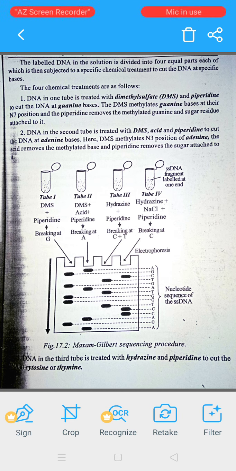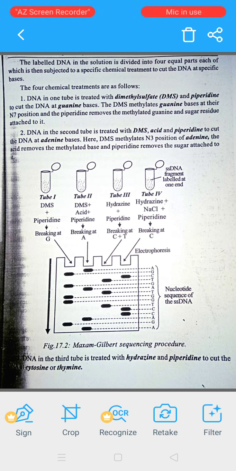The 4 chemical treatments are as follows. DNA in one tube is treated with dimethyl sulfate and piperidine to cut the DNA at guanine bases.